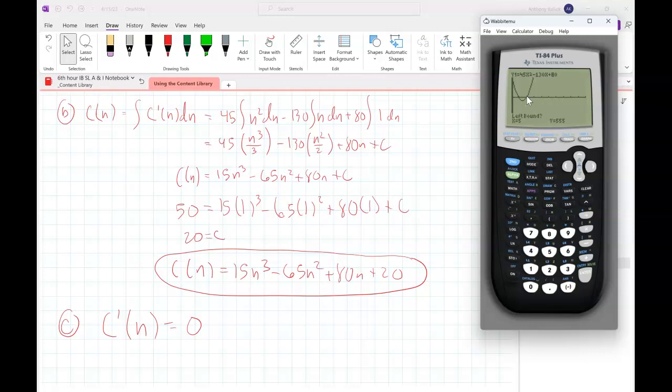If I'm looking for a minimum, the function needs to start moving from decreasing to increasing, right? So I want the part where I go from negative to positive. I want this second 0. So I'm not even going to bother with finding that first one. Is everybody okay with that?